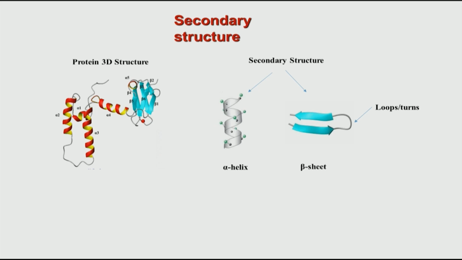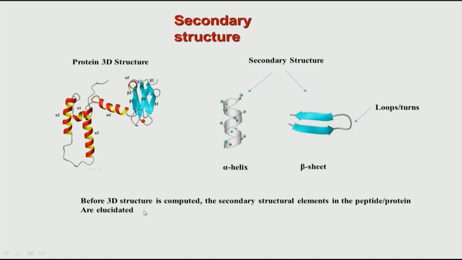Therefore, we are not going to look at a real example now, but we will go through a theoretical way of how these secondary structures can be elucidated by NMR. So, that is what is written here, that before the 3D structure is completed or computed, the secondary structure elements in the peptide or protein are elucidated.